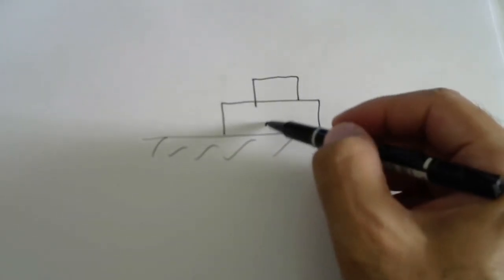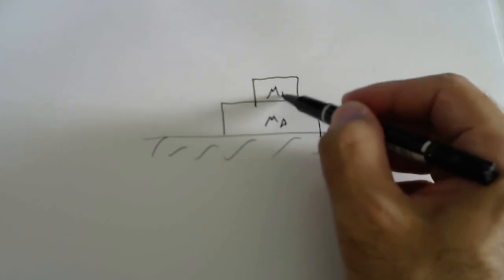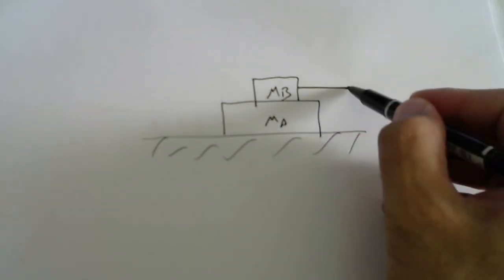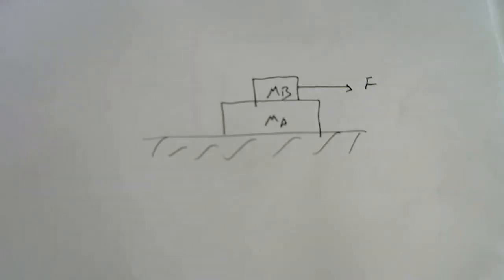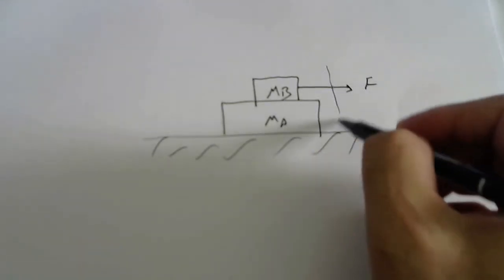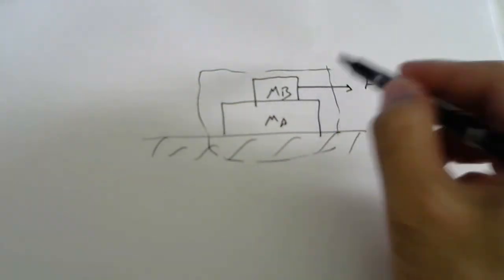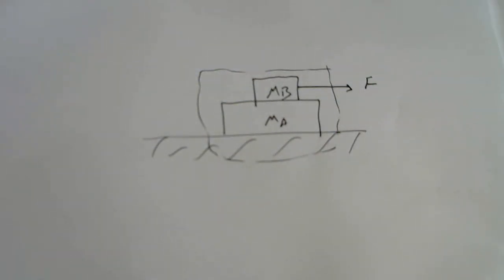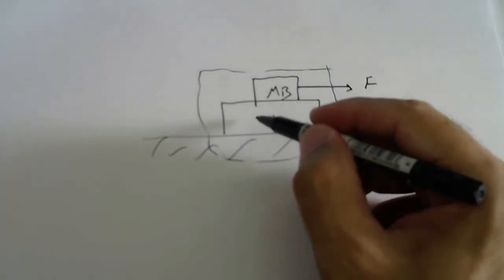So this is MA, MB, and the force, for example, acts here. I just put it as an example. We could consider the whole system as your system, and therefore the environment acts on this.